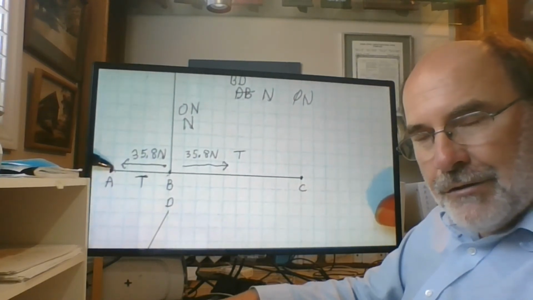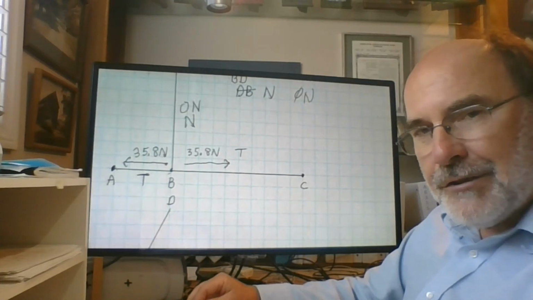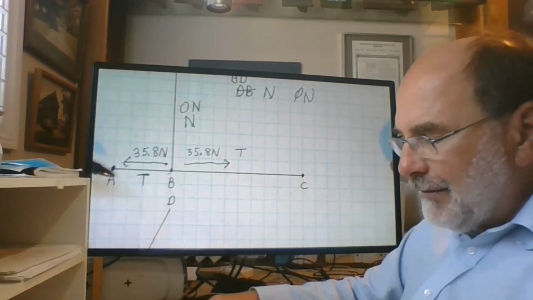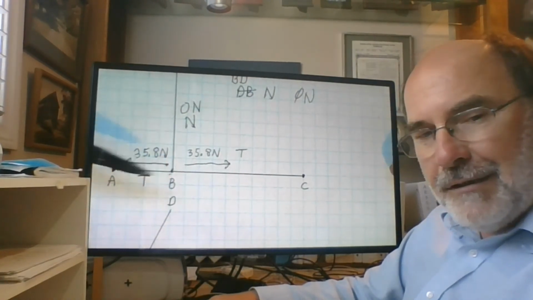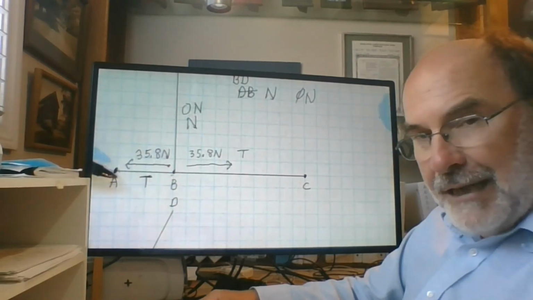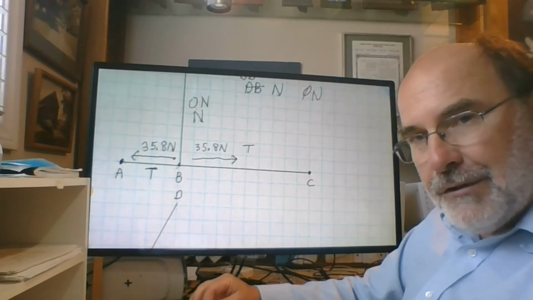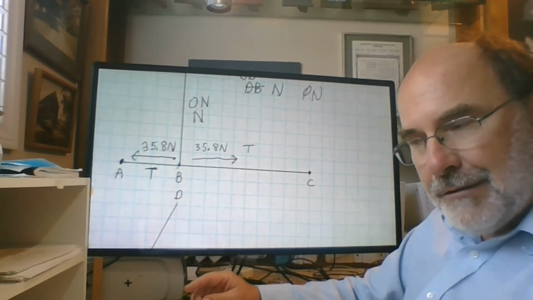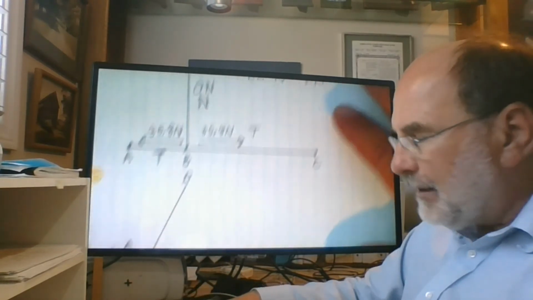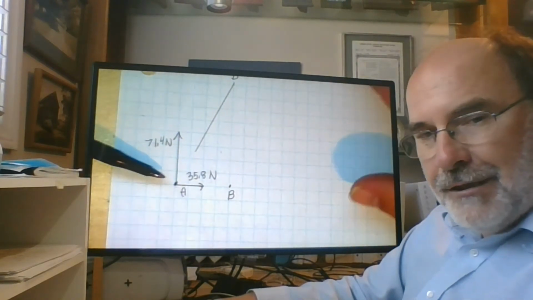And by Newton's third law, for every action, there's an equal and opposite reaction. If A is pulling B to the left, then B is pulling A to the right. Just like on a tug of war, the two teams are pulling the opposite team towards themselves. And that is what I've sketched here.